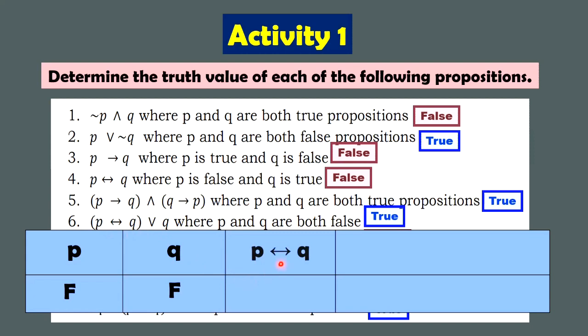What is this? A biconditional. And what is so special about biconditional? Ito ay true kapag pareho ang truth value ng pinagko-combine natin. And yes, pareho silang false. So yung combination is true.